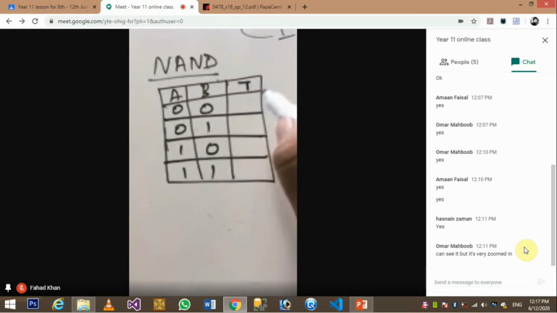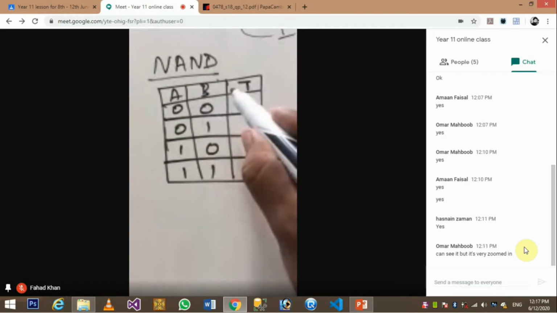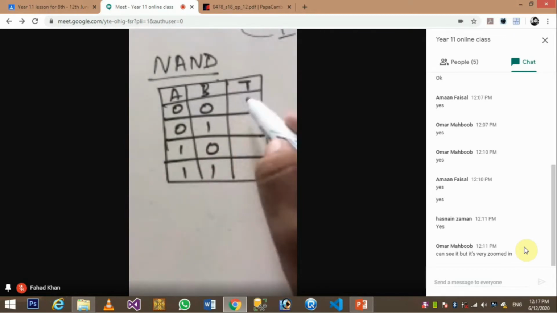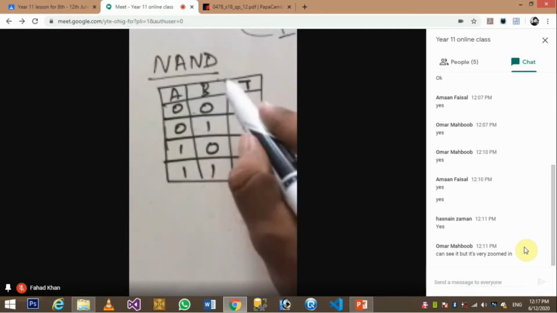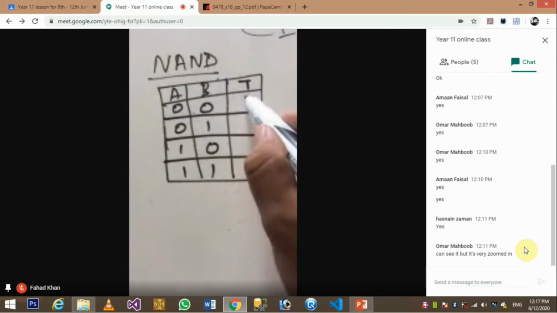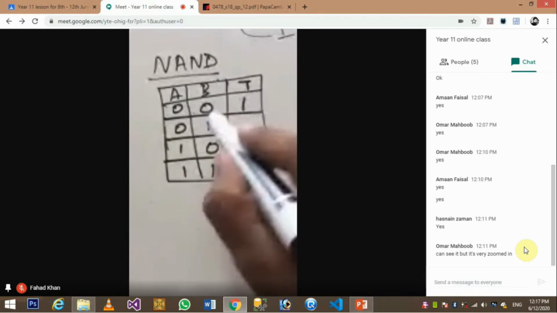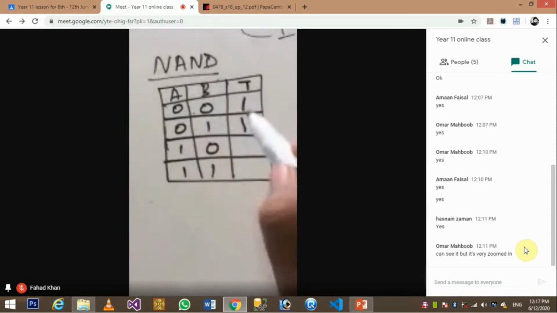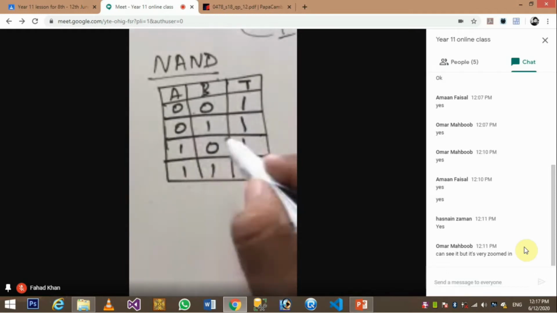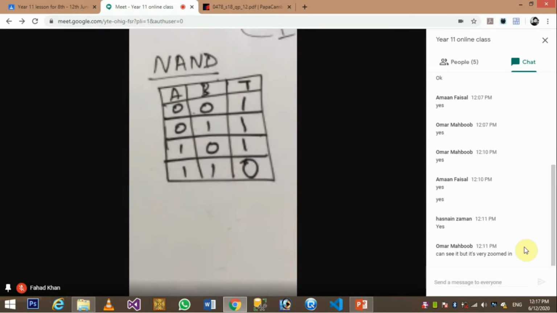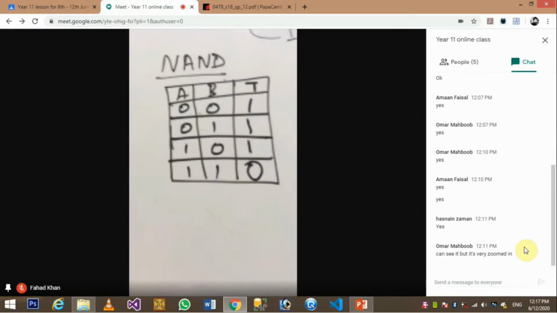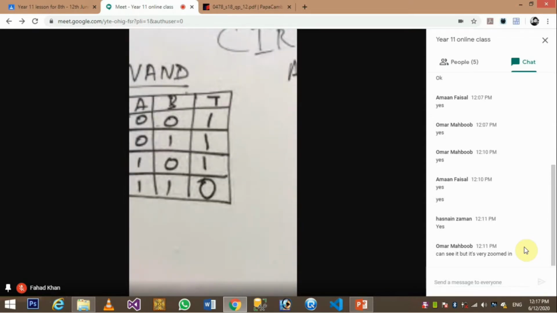Now 0 0 for NAND. NAND means that it would be not the AND gate. So 0 0 in the NAND would be 1. 0 and 1 would be 1. 1 and 0 would also be 1. 1 1 would be 0. How? Let's just talk about the truth table of the AND gate.